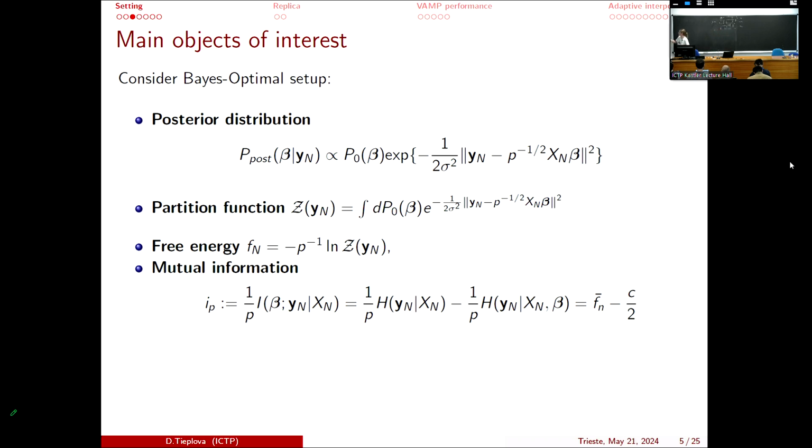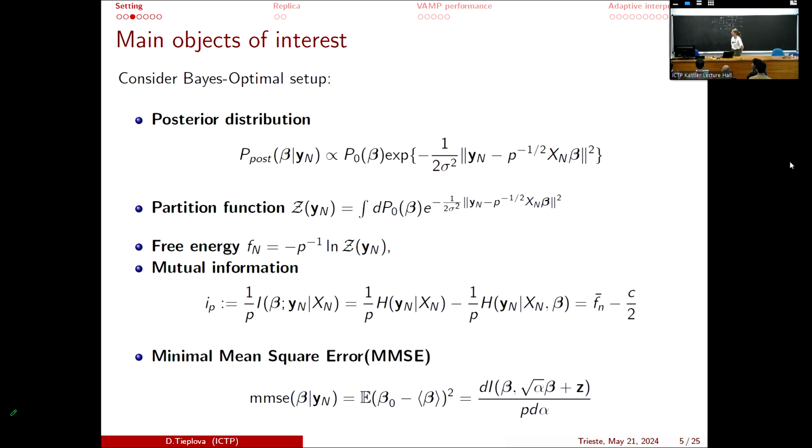We know that the normalized mutual information is just the averaged free energy, the bar is averaged, minus some constant. So the goal of today's talk would be just to find the formula for this mutual information for our model.